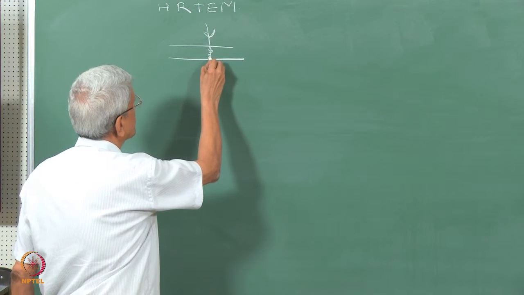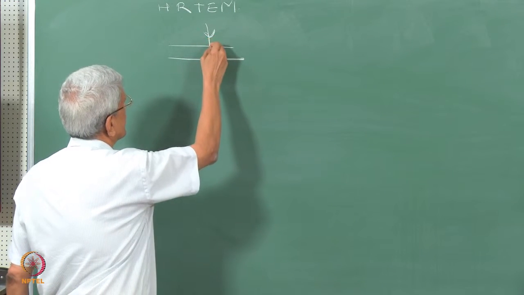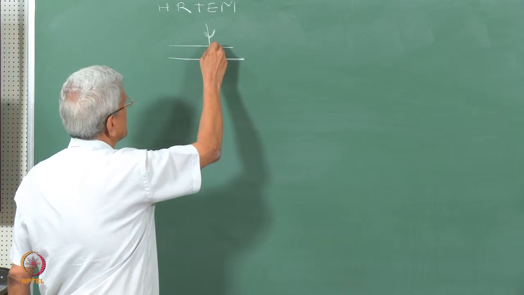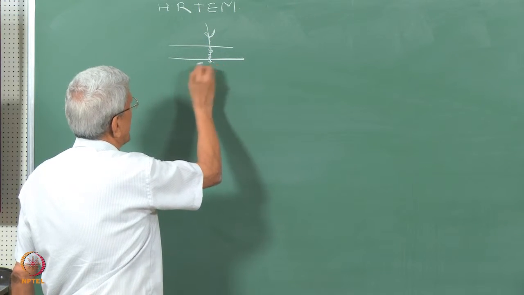So, the wave which comes out at the back of the sample has a phase which is different from the phase with which it entered. This is called the exit wave.